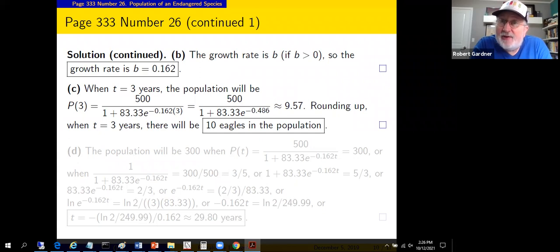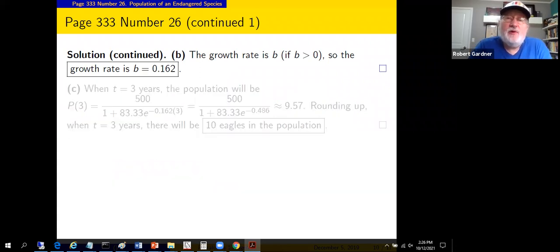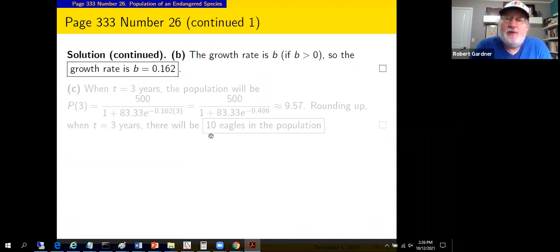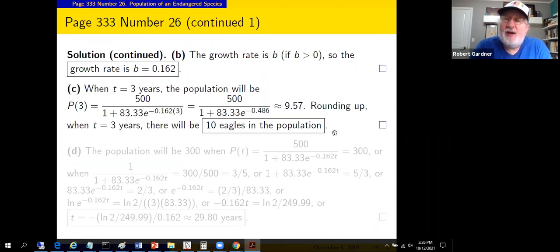We're counting eagles here, so we want something that's a whole number. So if we round this, we'd round it up to 10. So I'd say the eagle population is 10 at this stage. So we've seen growth. We started with 6 eagles. After 3 years, the population has only grown by 4 to a population of 10 eagles.